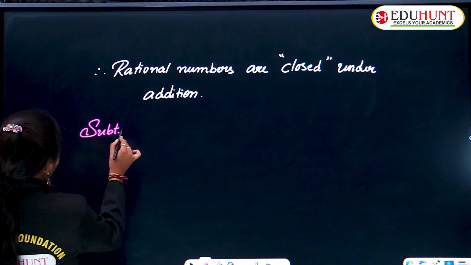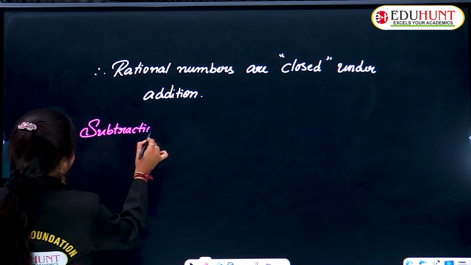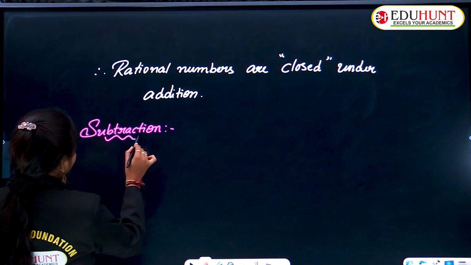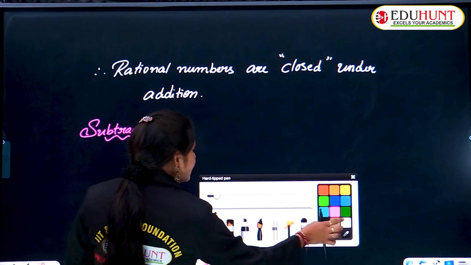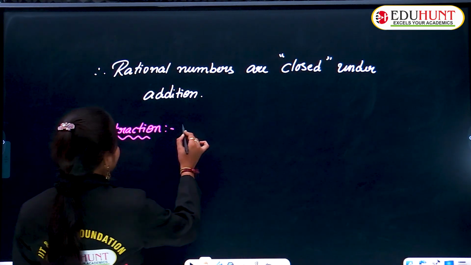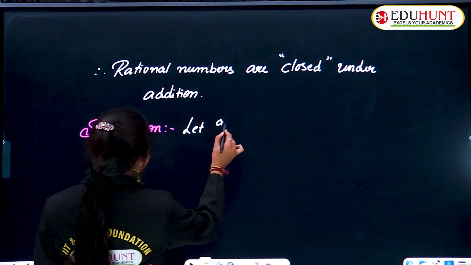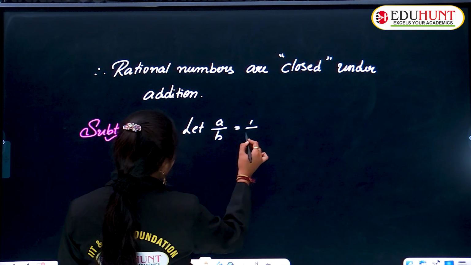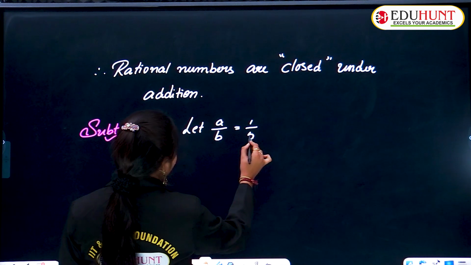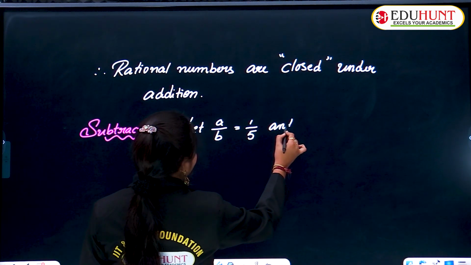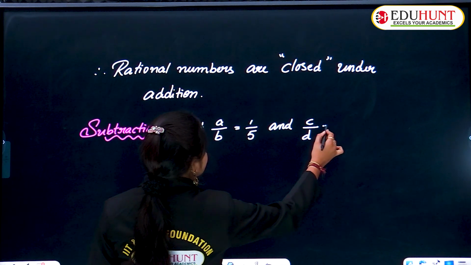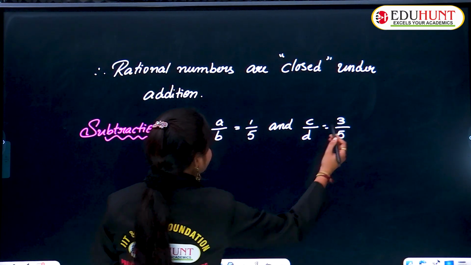What is the next fundamental operation? Subtraction. Okay, now in subtraction, what is the statement here? Let A by B equal 1 by 5 and C by D equal 3 by 5.